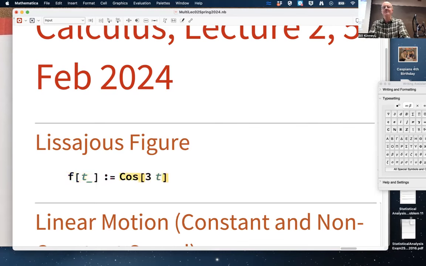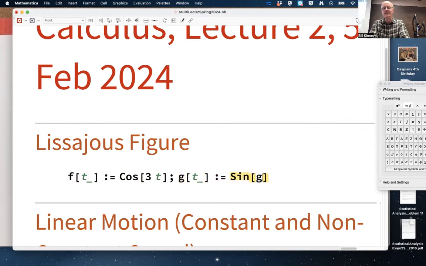Cosine of 3t, the C must be capitalized. If it's not capitalized, it won't work. Square brackets, 3t. I put a semicolon next. You actually can just tab to the next line. Semicolons, technically, what they do is they suppress output, but I like putting them between equations.